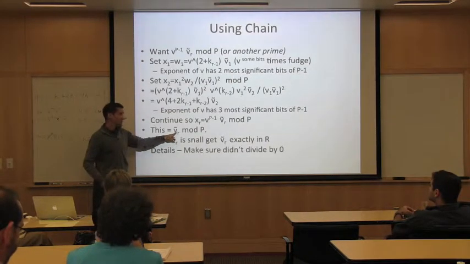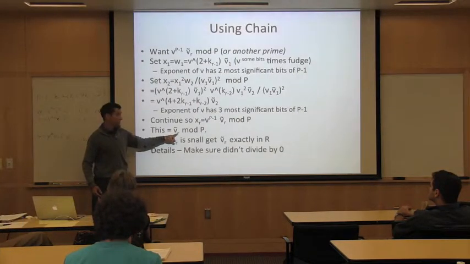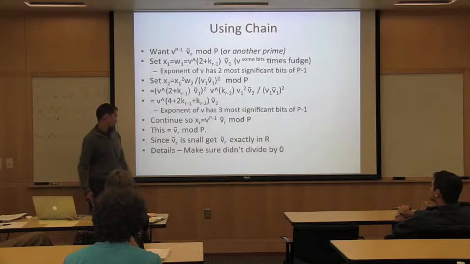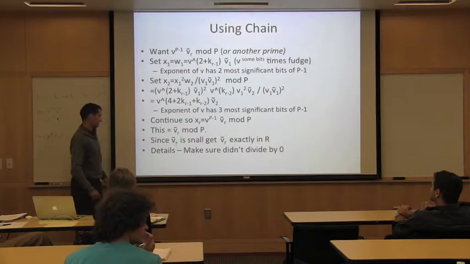So all the coefficients are actually really small, because capital P was so big. So you have this element over the ring itself, over R. Okay? So you get V to the R conjugate exactly.